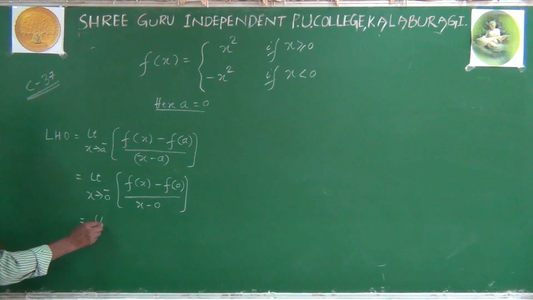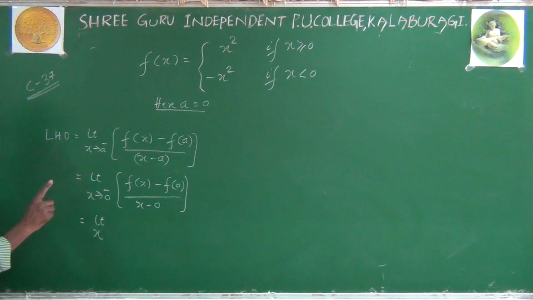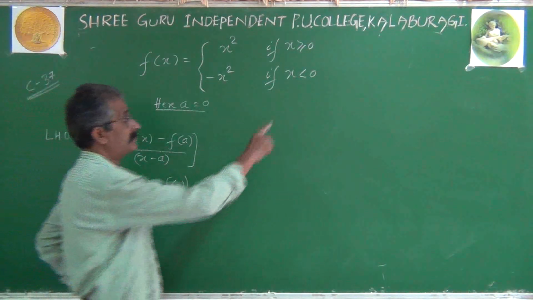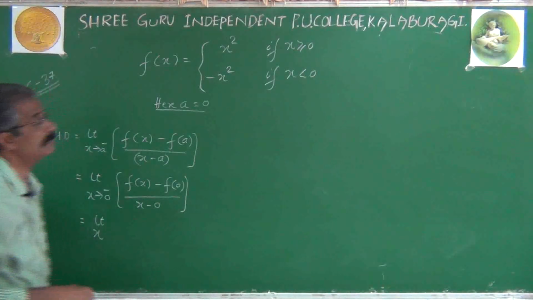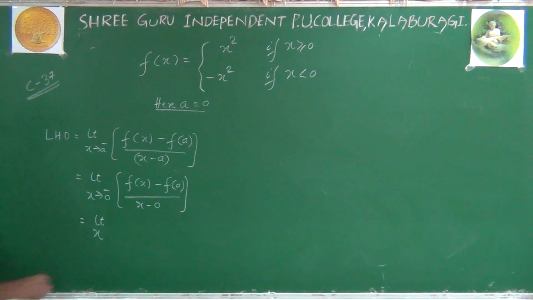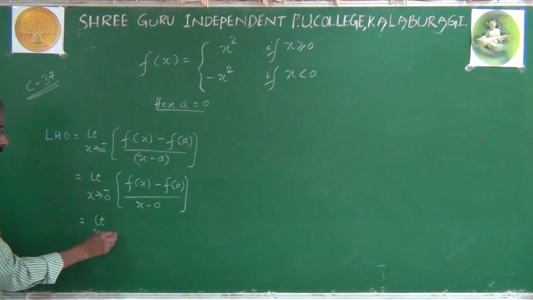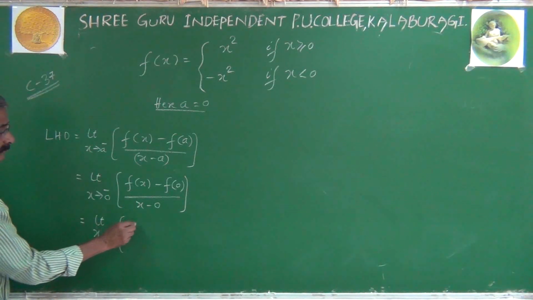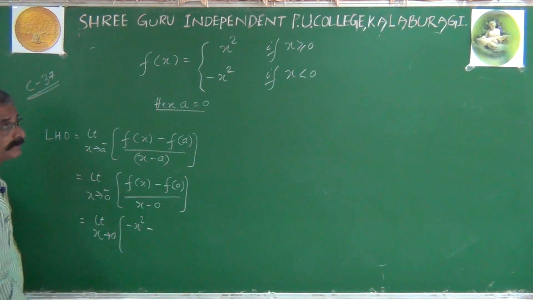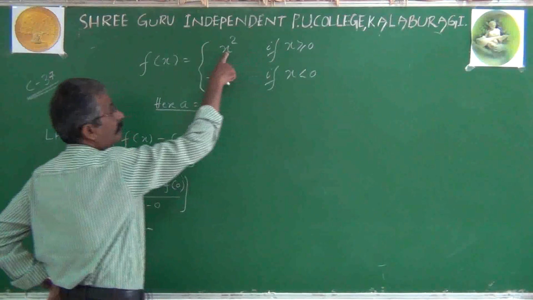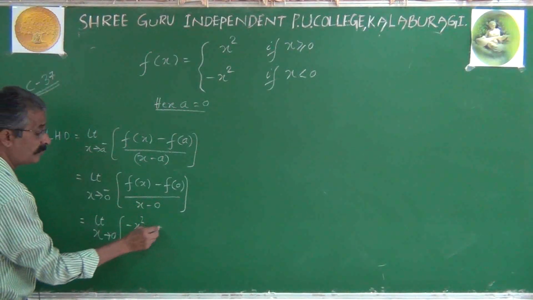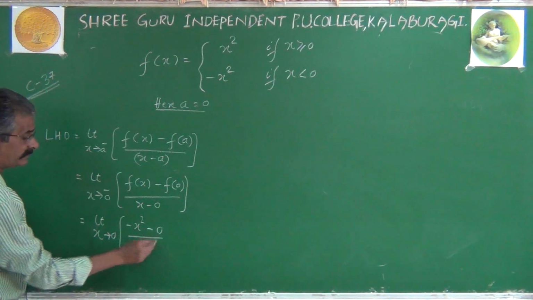That is, limit as x tends to 0 minus means x less than 0. When x is less than 0, the function value is minus x square. Now, in the limit as x tends to 0, f of x is minus x square. At the same time, f of 0 is 0 square, which is 0, divided by x.